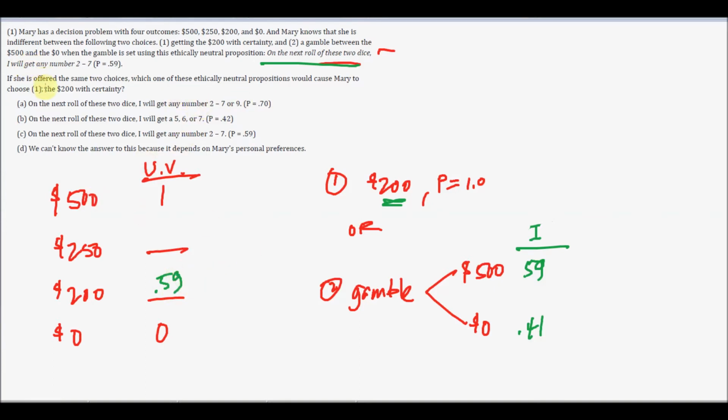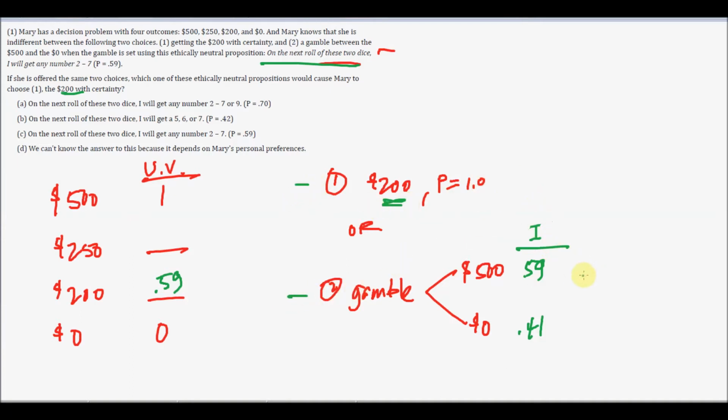All right, then the question. If she's offered the same two choices, which one of these ethically neutral propositions would cause Mary to choose the $200 with certainty? So right now, if these are the odds, she doesn't care whether or not she gets 1 or 2.